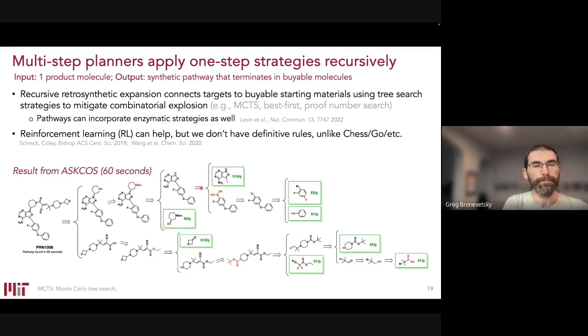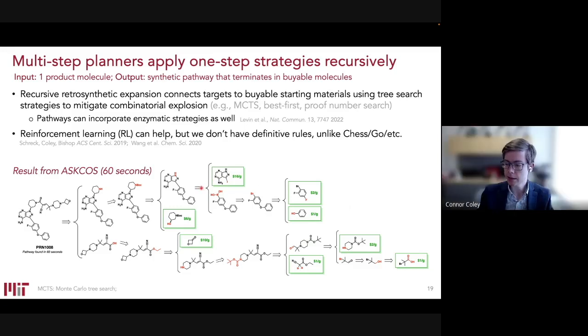Okay. But it is true that I think more critical assessment of feasibility of these transformations is something that people are quite interested in. And again, there's this level of abstraction where people might train models to predict reaction yields. So just given the species, predict whether the reaction will succeed or not.